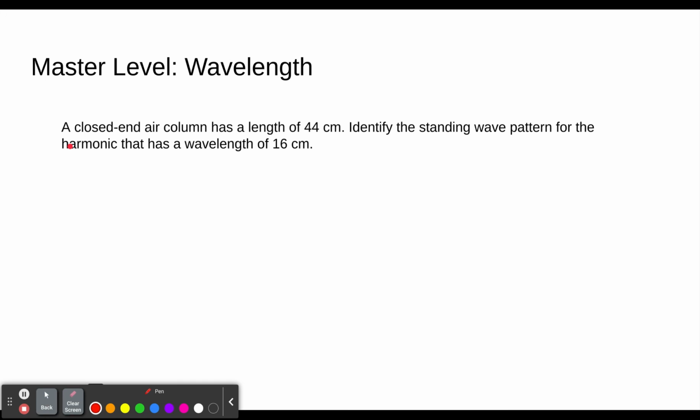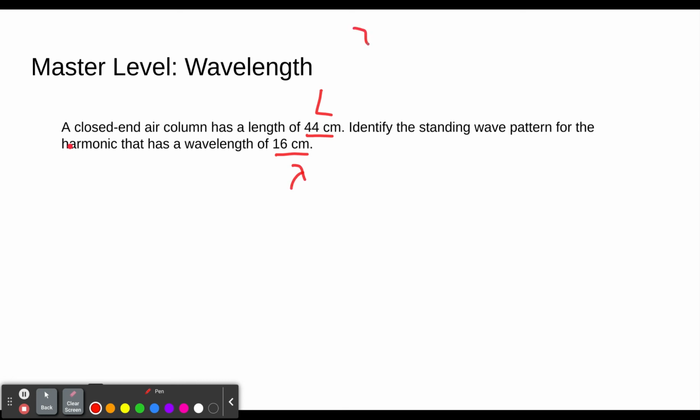So here we have a closed-end air column that has a length of 44 centimeters. So that's the length of the air column. Identify the standing wave pattern for the harmonic that has a wavelength of 16 centimeters. 16, that's the wavelength.